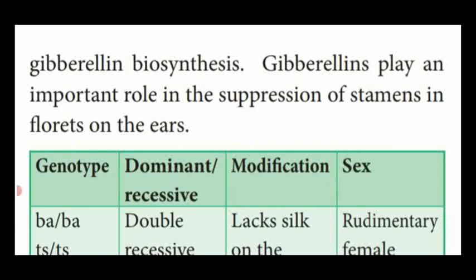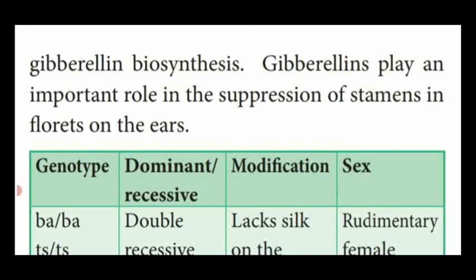Due to the secretion of the hormone gibberellin, which plays a role in the suppression of male florets in the female inflorescence. Likewise, female florets in the male inflorescence. So that is said to be sex determination in maize plant.